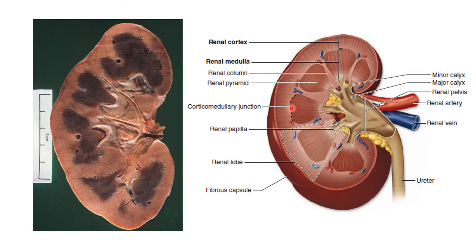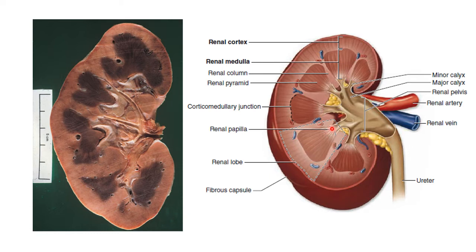Each pyramid has its base facing the cortex, called the corticomedullary junction, and its tip opens into the minor calyx, and it's called the renal papilla. This is the area of opening of several collecting ducts into the minor calyx.